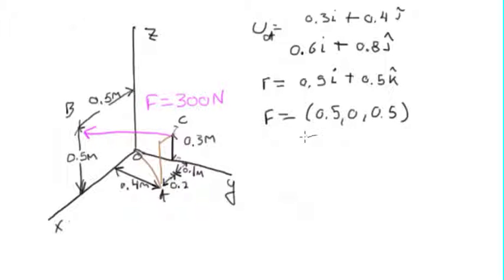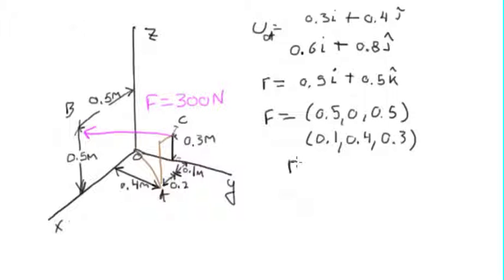And then C, you can see here, is at 0.1. It starts here in the X direction. It's going to be 0.4 in the Y direction and 0.3 in the K direction.